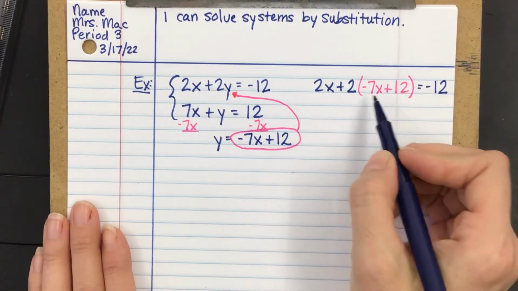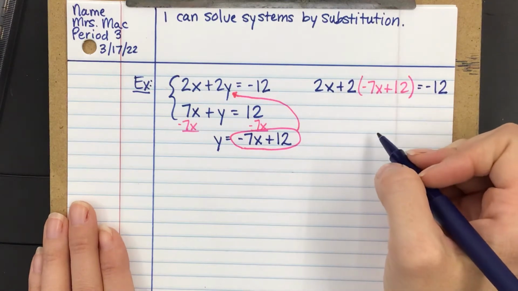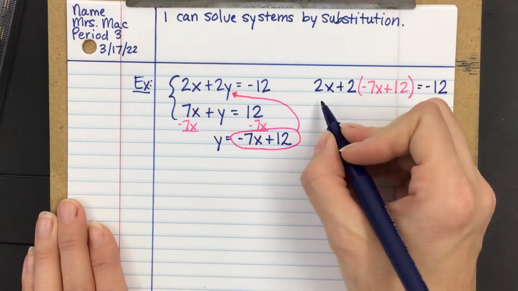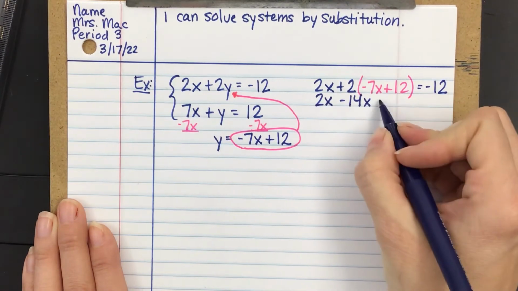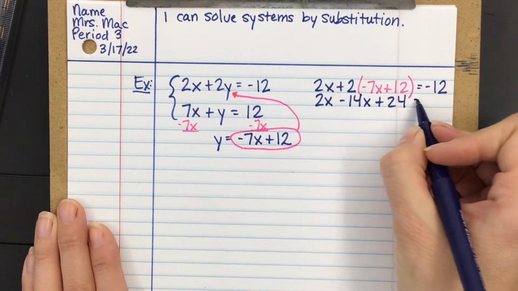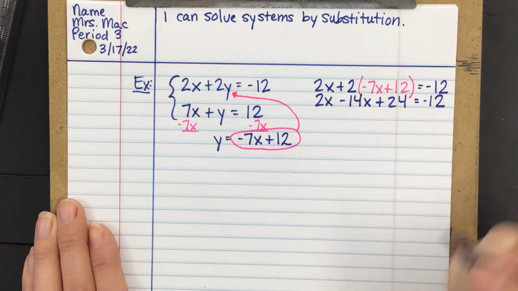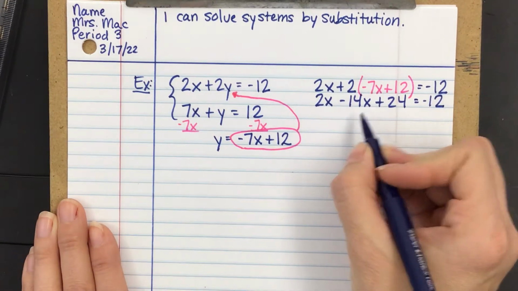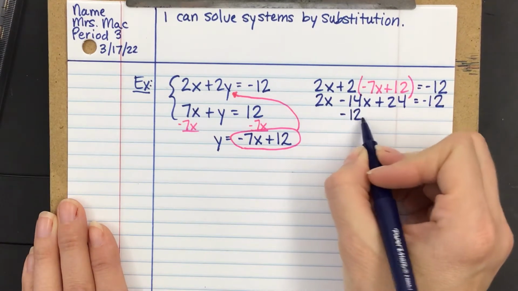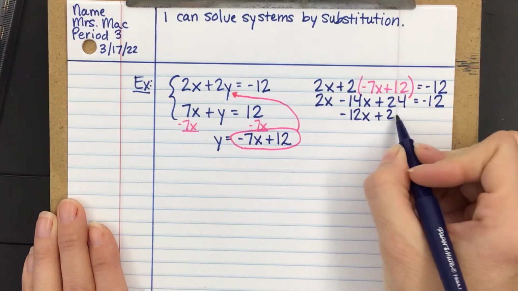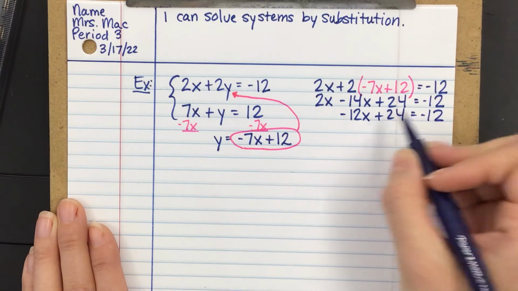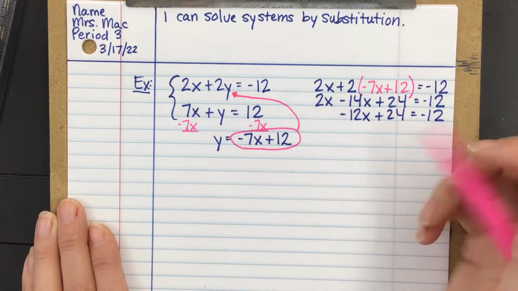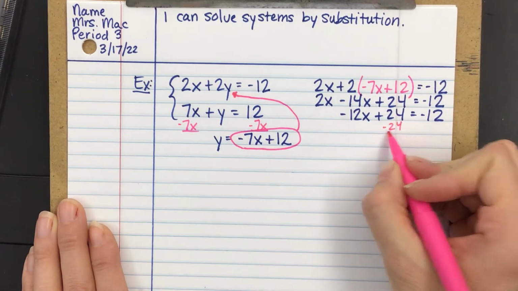All right, so we can distribute, combine like terms, and solve for the variable. We can combine here. And then we're solving for x, so I'm going to subtract 24 from both sides.